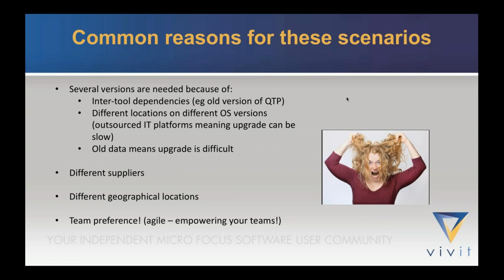Different geographical locations, again, a different client who had a different office, and this is quite a common thing, but you have a different office, one in Germany, one in France, one in the States, one in Singapore. And of course, then Agile came along and team preference. So empowering your team, they should be allowed to do whatever makes them most efficient. But that was me pulling my hair out, trying to then report across the board of all of these.